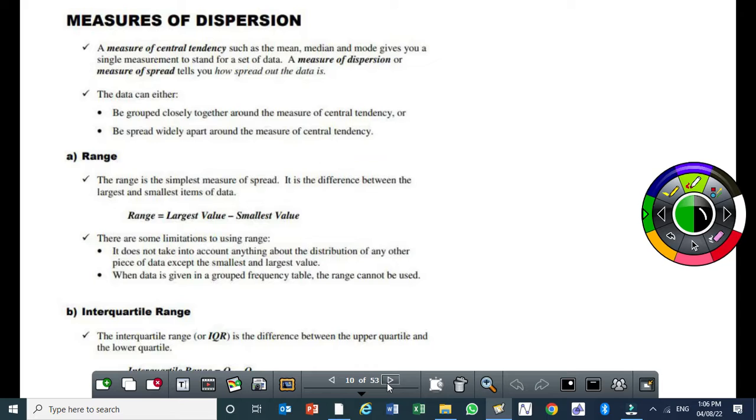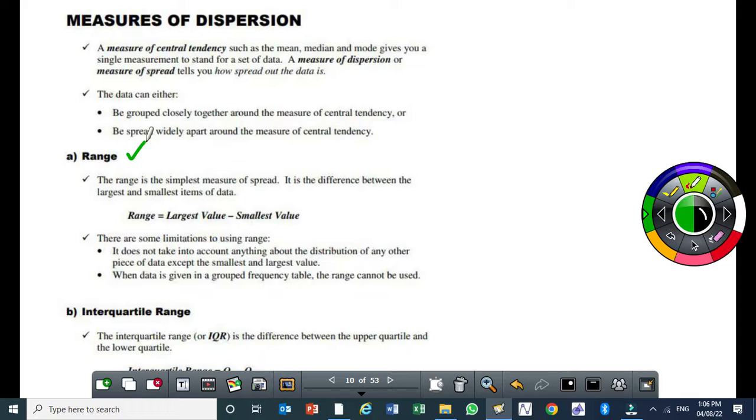Then measures of dispersion. You were taught some of this in grade 8 and 9, and I'm referring to the range. Your measures of dispersion just tell you how spread out the data set is, usually from the mean.